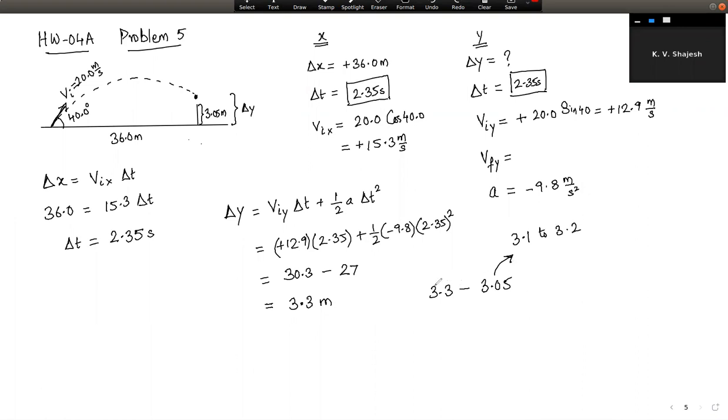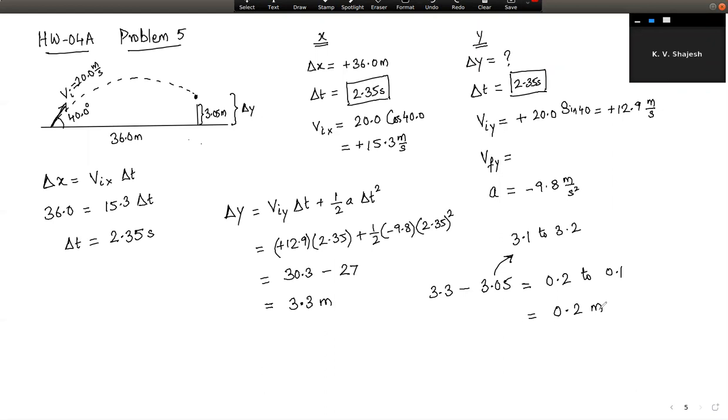That's okay because either way, this is positive. So this is equal to 3.3 minus 3.1, let's say. So it's 0.2 to 0.1, anywhere between that. Either way, it clears. So with an error bar, you would say this is 0.2 meters.